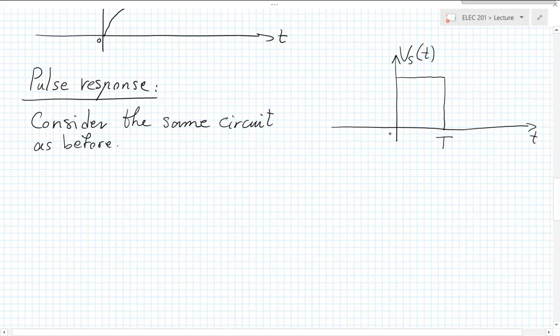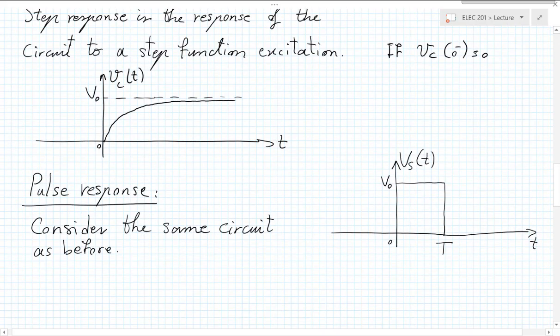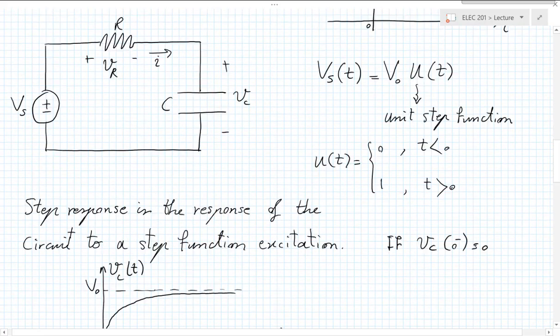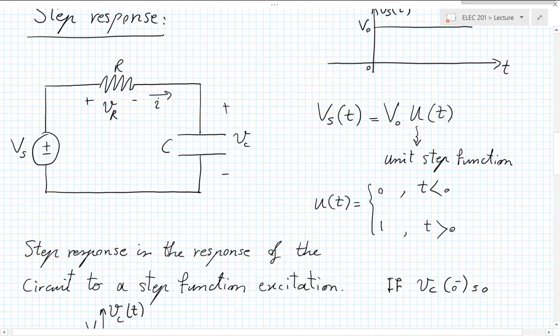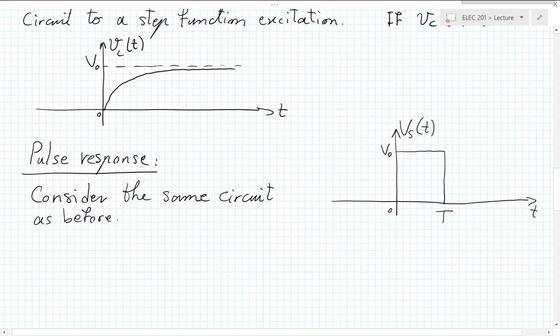So imagine at time 0, the input voltage jumps to V0, stays there for a time capital T, and then drops back to 0 instantaneously. How would you expect this circuit to behave? So if we were to consider, again going back to the same circuit, the behavior of the capacitor voltage, Vc, what would we expect?